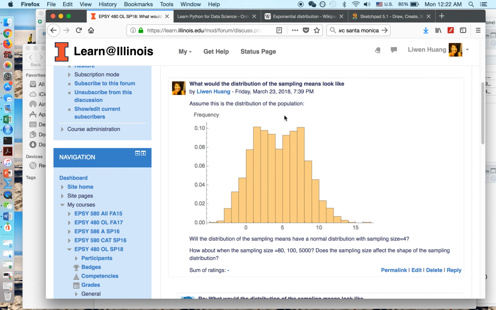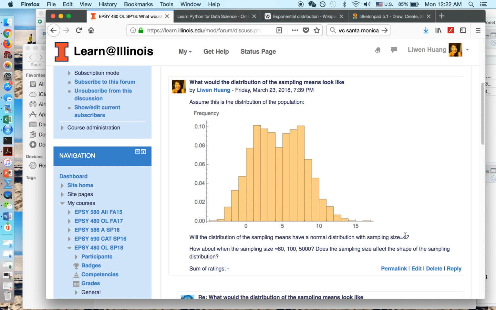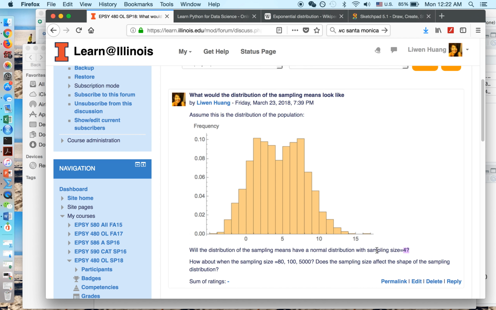I guess my point is to tell you that the shape of the sampling distribution is independent of your population distribution. And as your sample size gets large, yes, it's going to look more normal.